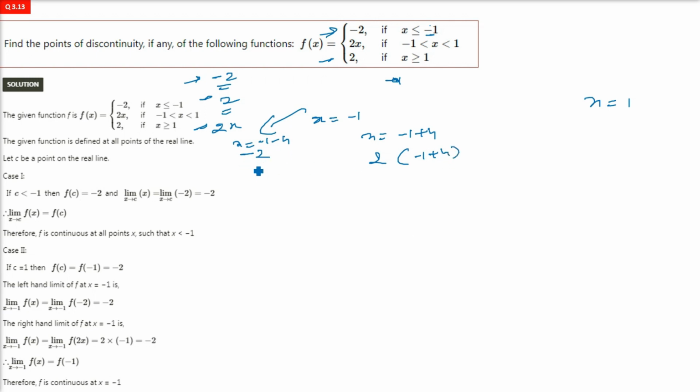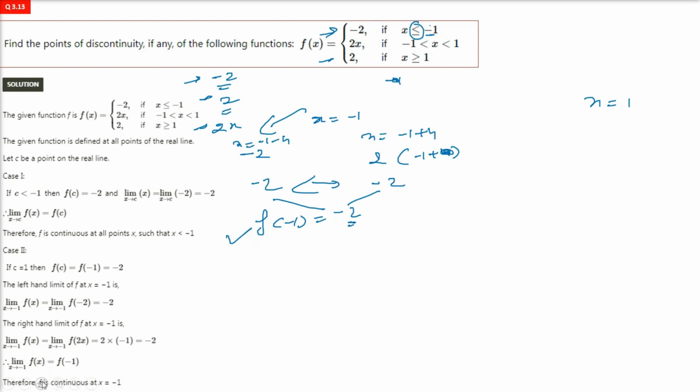Apply the right hand limit, h tends to 0, it is negative 2. So LHL and RHL are equal. The value of the function at minus 1 is already given as minus 2. LHL, RHL and the value of the function at minus 1 are all minus 2. So this function is continuous at x equals minus 1.